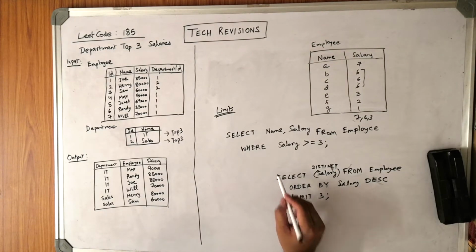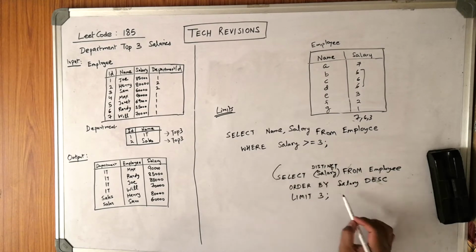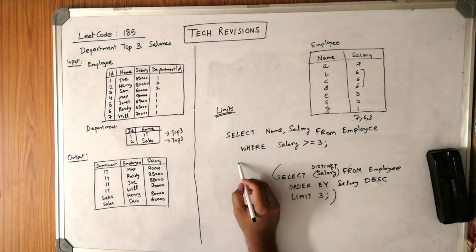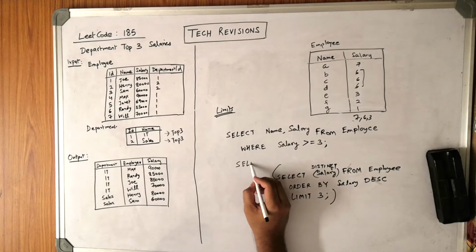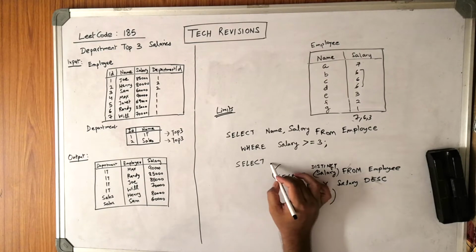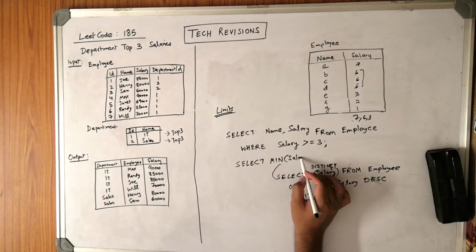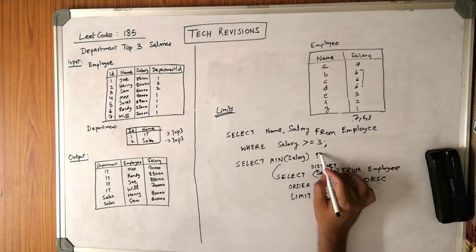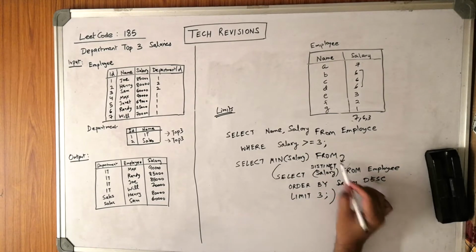Now what we want is 3, we want to replace this, right? So what if I do this? I put select on this, so I'm using this as a nested query, and I put select min of the value which I'm getting out of here, salary, from this nested table basically.